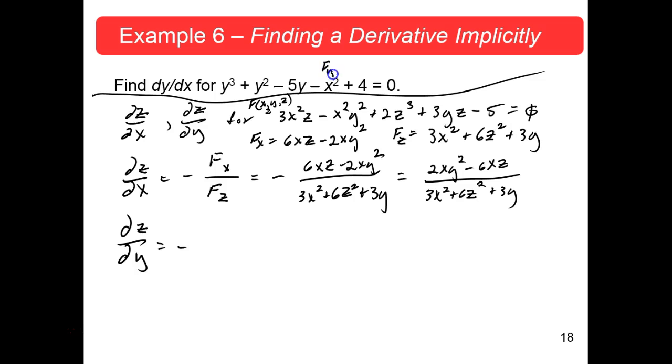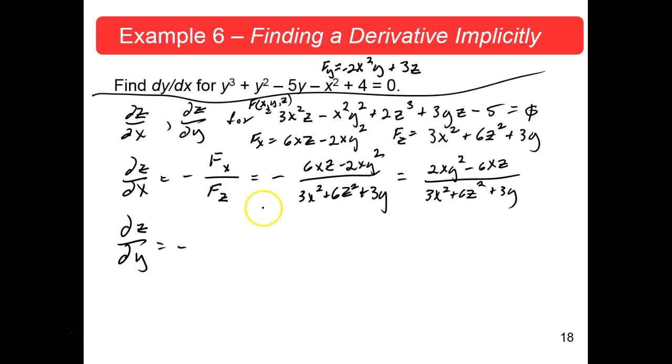Your f sub y is equal to nothing from the first term, a minus 2x squared y from your second term, plus 3z from your fourth term, and that's all, folks.